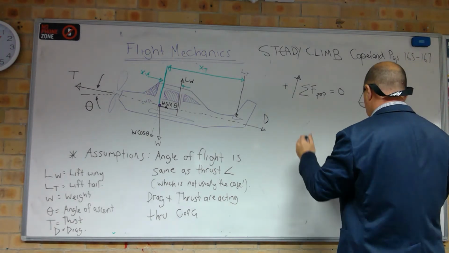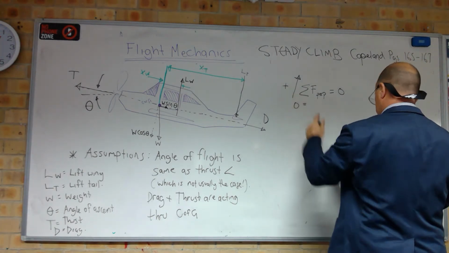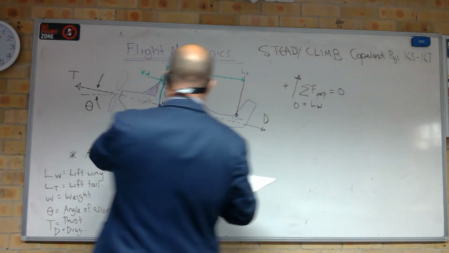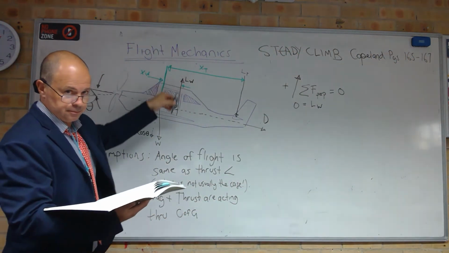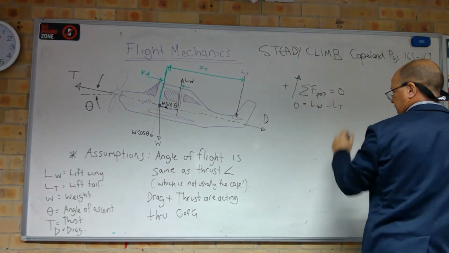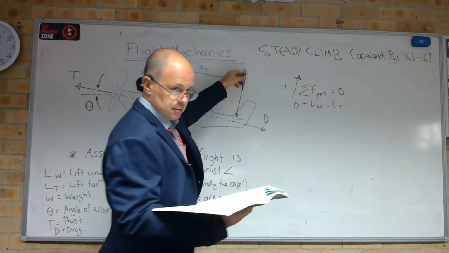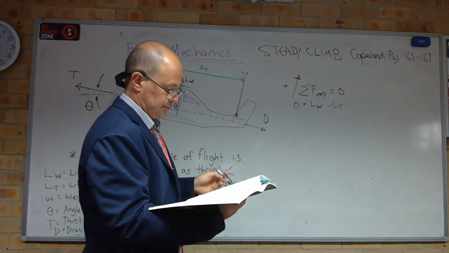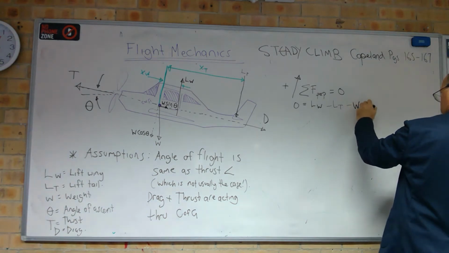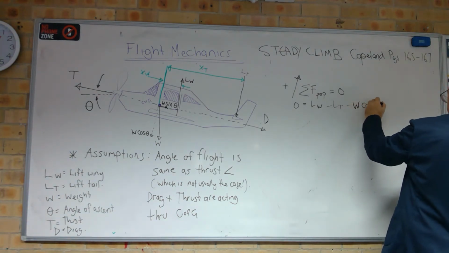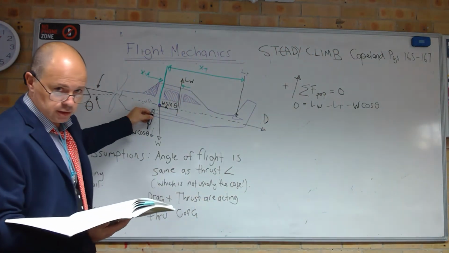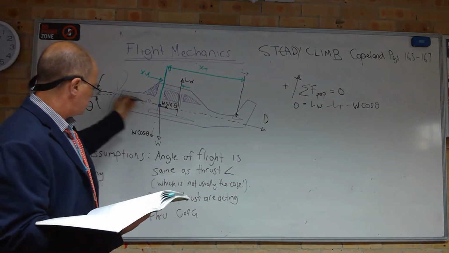And then he said 0 equals lift of the wing, because it's going up, minus lift of the tail, because it's going down, minus W cos theta. Now that W cos theta is this component that is perpendicular to that angle.